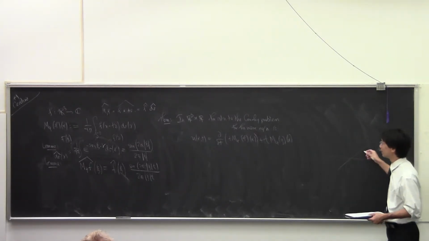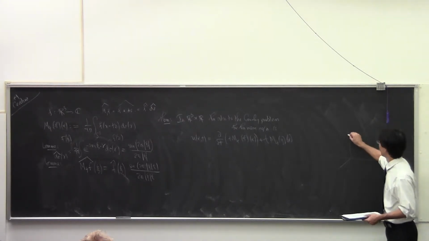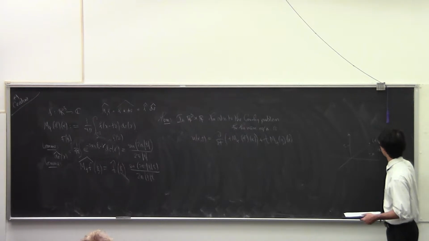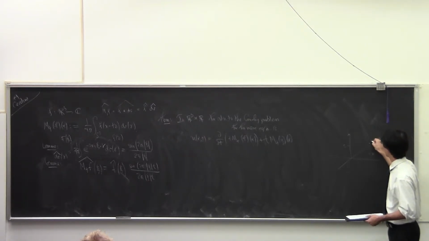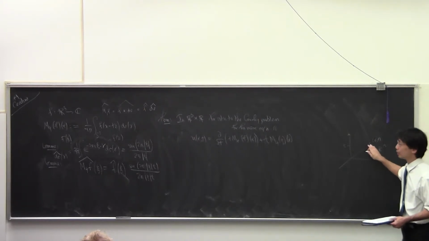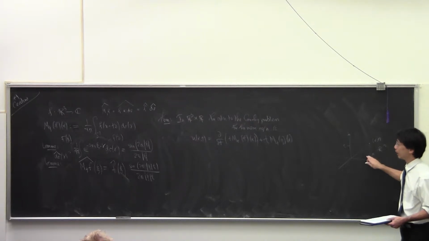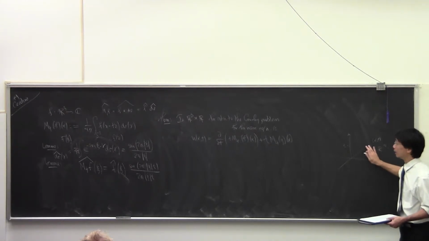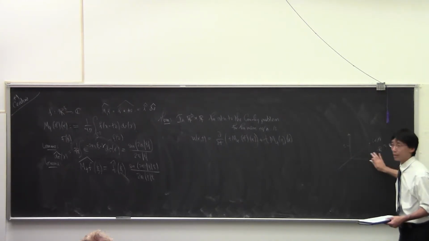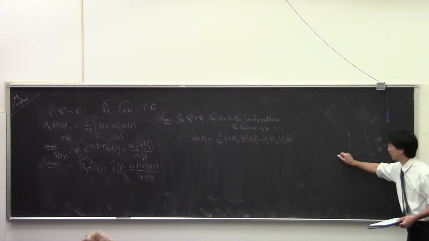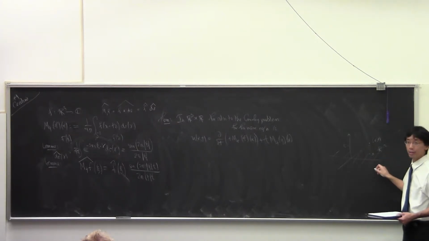This is saying that the solution u at this point (x, t) depends on the average of f. f is actually the boundary value of u, but just think of f and g as data on the plane t equals 0.